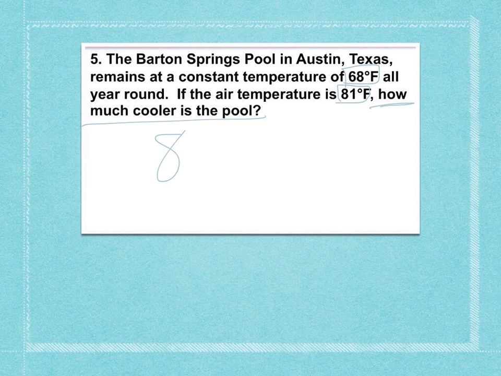So I can do 81 minus 68 in order to get my answer of how much cooler the pool is than the outside temperature. I'm going to borrow from my 8 since I can't do 1 minus 8. Makes it 11. 11 minus 8 is 3, and 7 minus 6 is 1. So 13 degrees Fahrenheit is the difference between the temperature of the pool and the temperature of the outside air.